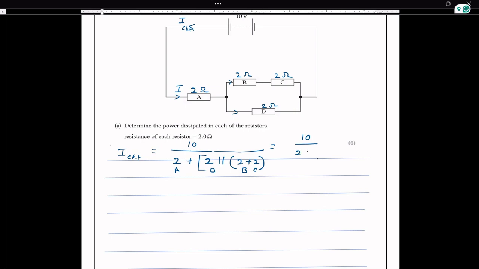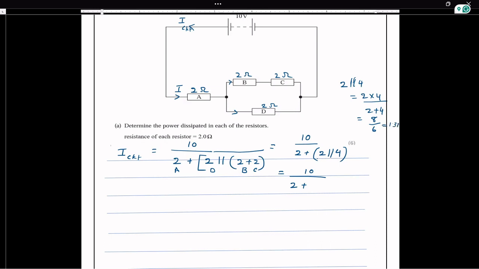So it is 2 plus the series combination, 4, which is 10 over 2 plus 2 parallel 4. 2 parallel 4, we can write as 2 into 4 over 2 plus 4. So this will give you 8 over 6, which is 1.33.